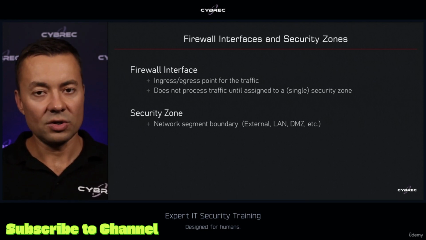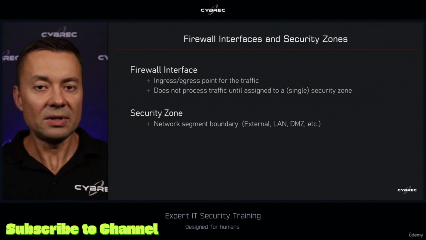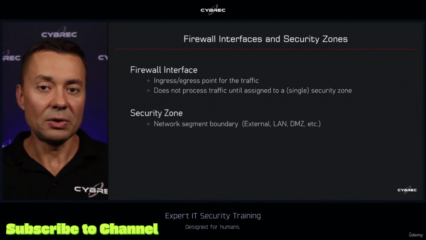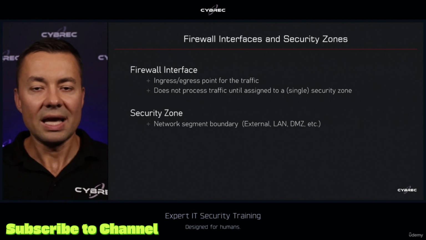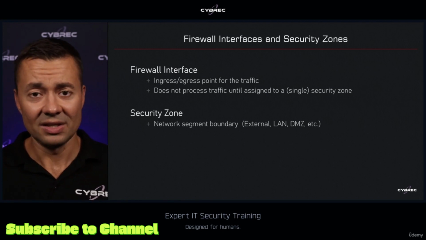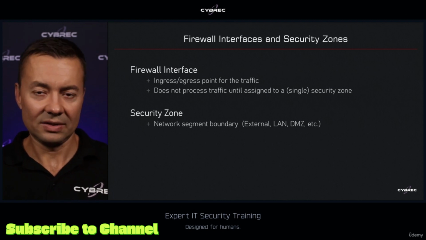We can have other zones for specific device types, like special user departments, maybe human resources, maybe security operations. We can have a security zone for certain applications or servers, like DevOps, test applications, the test servers, and similar.